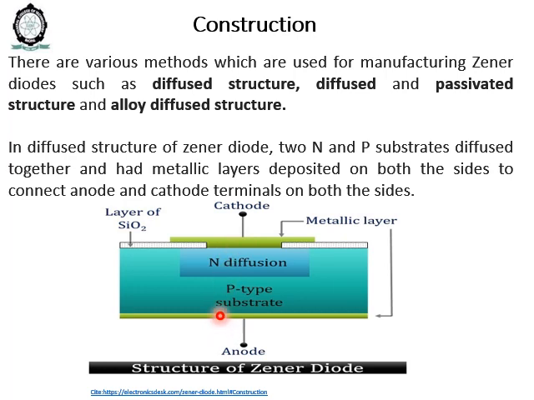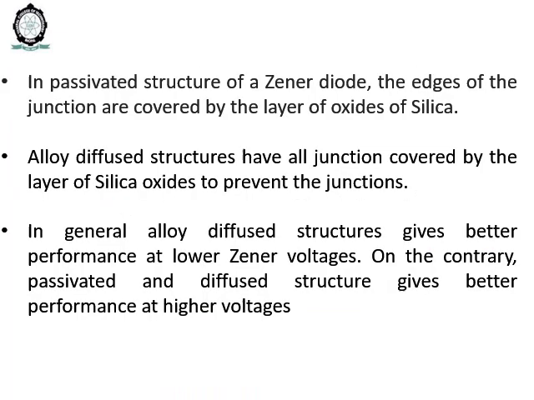Both sides have a metallic contact, which is present only for the ohmic contact. This SiO2 layer is just to protect the diffused structure.